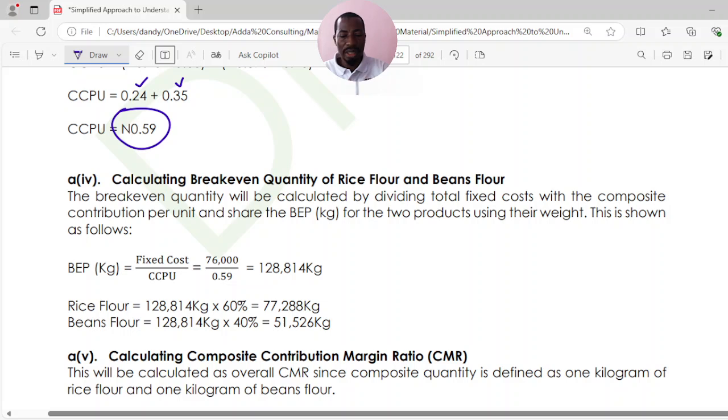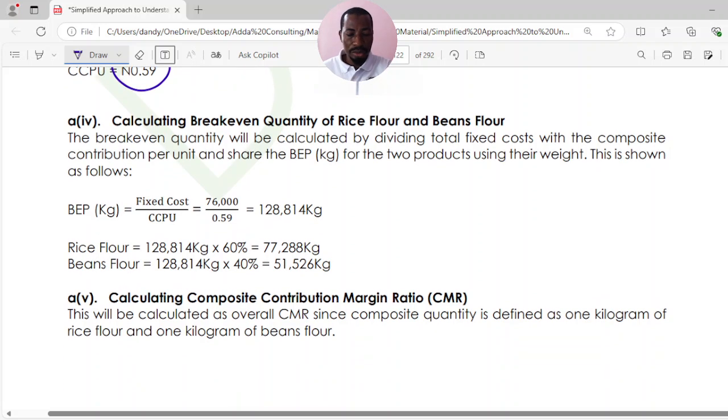This is shown as follows. What are you supposed to do? Simple. The fixed cost of the two products, you need to compute it. For product A, fixed cost for rice is equal to 20,000.